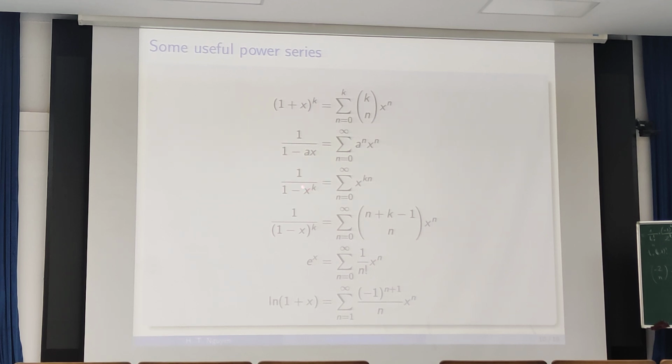Here is also the Maclaurin series, but applied with x to the power k instead of x. So you can see that the form is very similar to the Maclaurin series. So this is also similar. Okay, this one is the extended binomial formula.